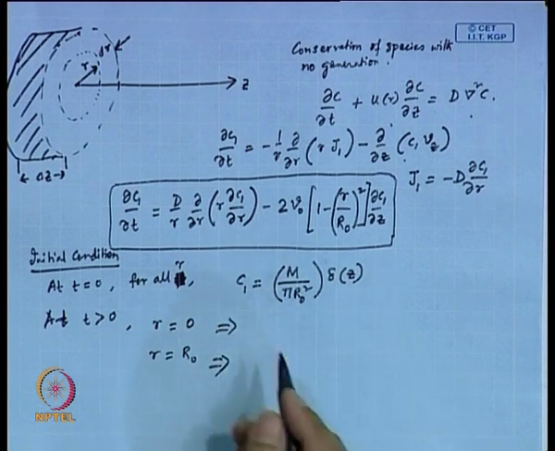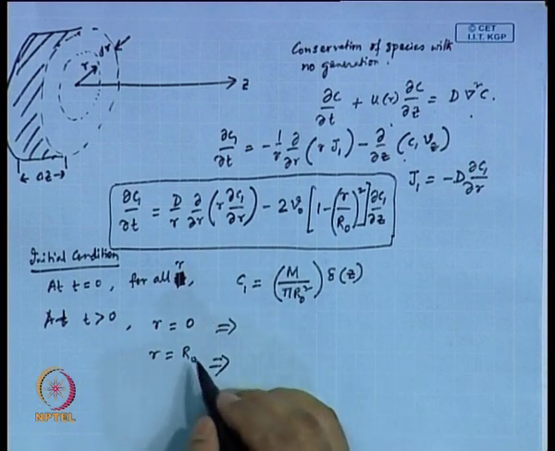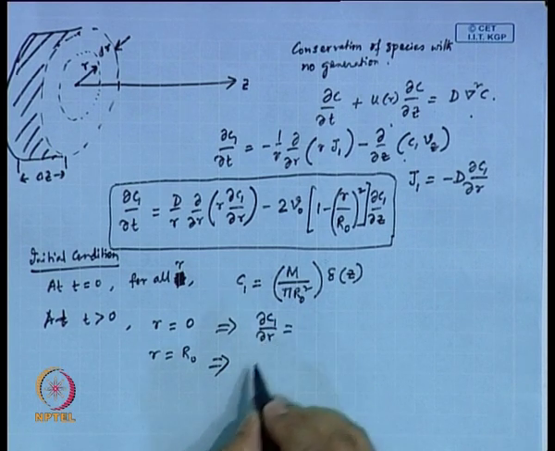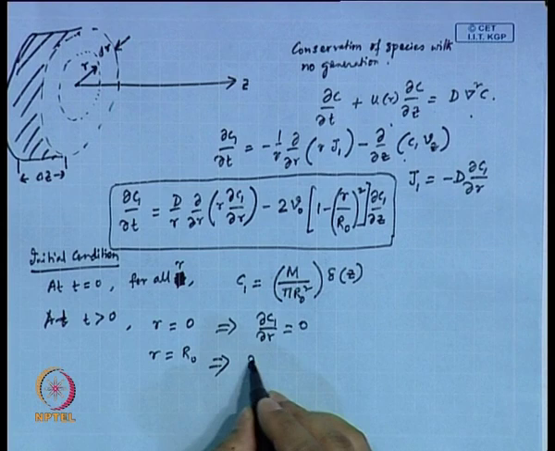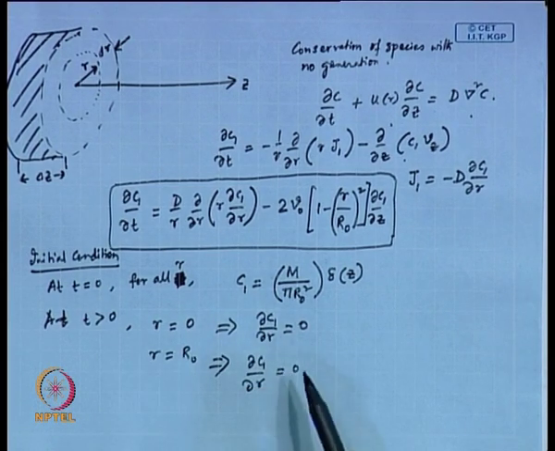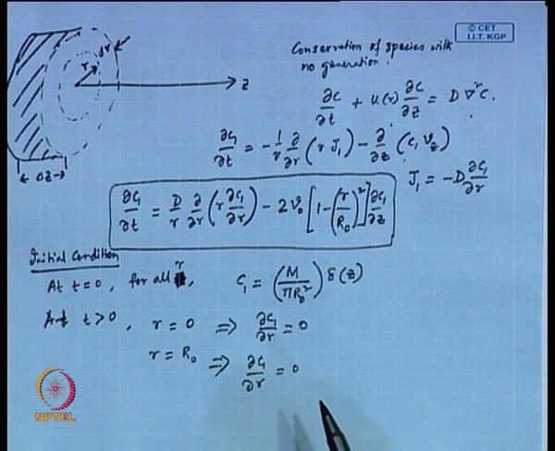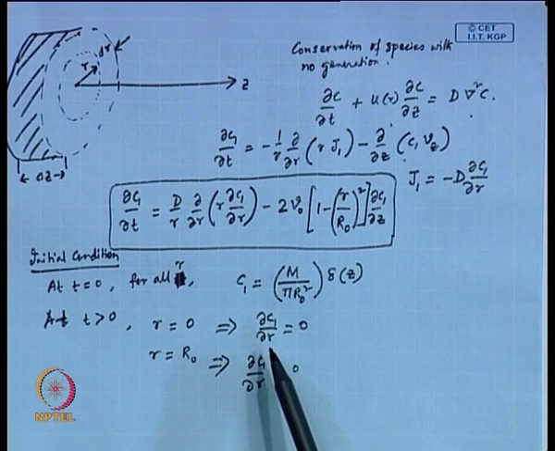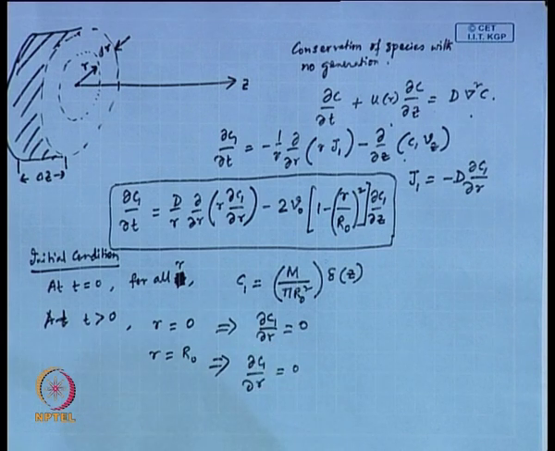Let me tell you. At r equal to 0, you have del C 1 del r equal to 0, and here also we have del C 1 del r equal to 0. But these are for completely different reasons. This one is 0 because of symmetry, because whatever is in the upper half is the same as the lower half.